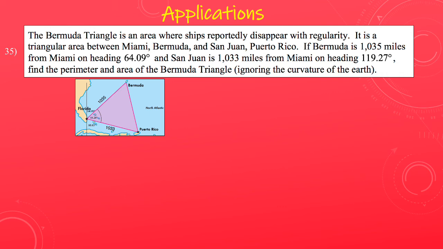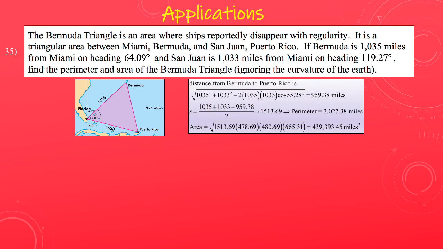The heading 119.27 degrees means that the angle from the south is 60.63 degrees. And that makes the angle of the Bermuda Triangle 180 minus 64.09 minus 60.63, which is 55.28 degrees. We also see the distances, and we want the perimeter of that triangle and the area.